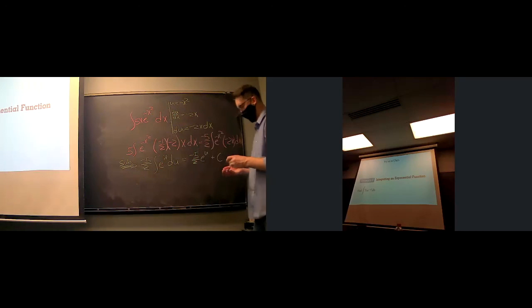When we do, we get negative 5/2, the integral of e to the u du. This is going to come out to be negative 5/2 e to the u plus c. So substituting everything back in, we get negative 5/2 e to the negative x squared plus c.